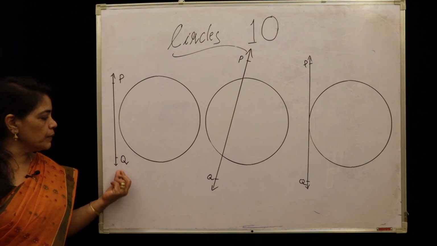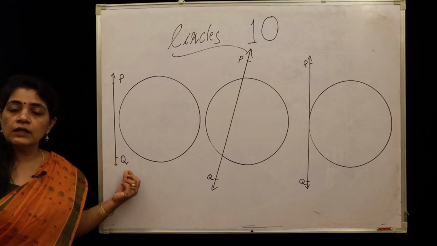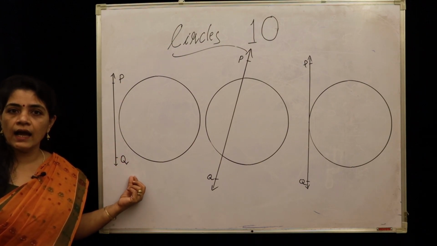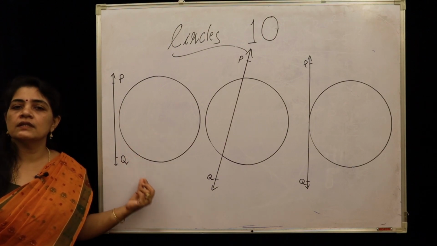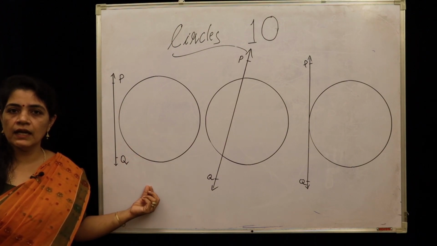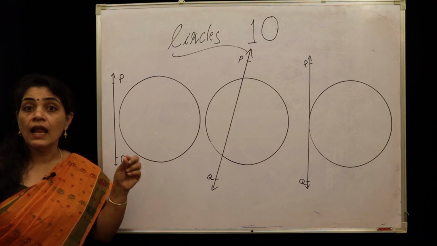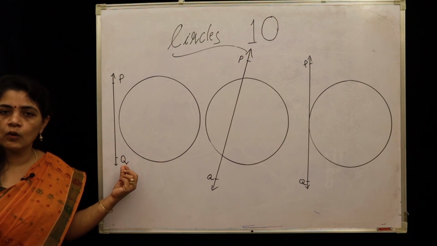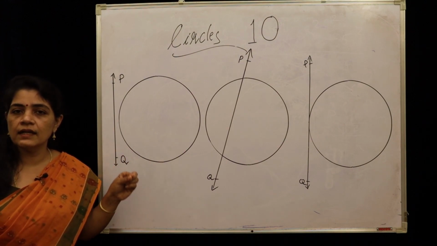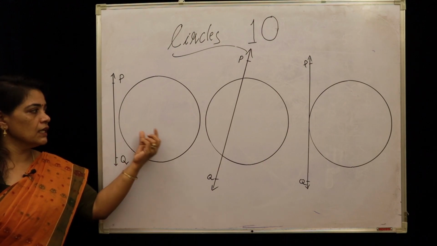That means this PQ is called a non-intersecting line with respect to this circle.